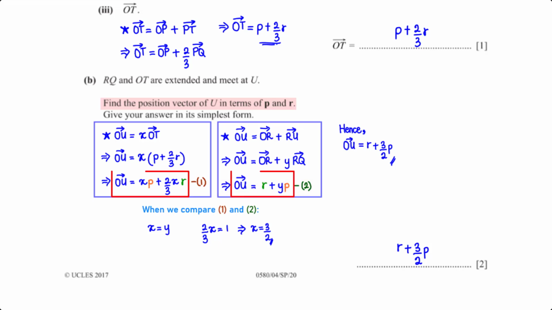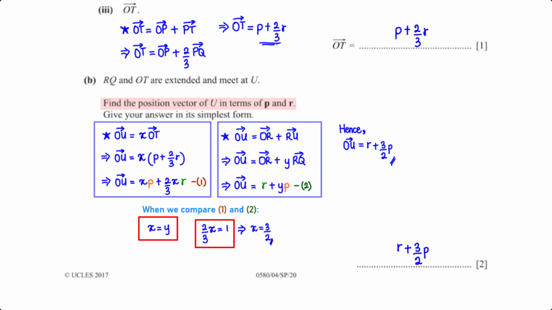Now that we have two expressions for OU, we can compare the coefficients of P and R to find the values of x and or y. When we compare the coefficients of P, we have x equals y. And when we compare the coefficients of R, we have 2/3 x equals 1.